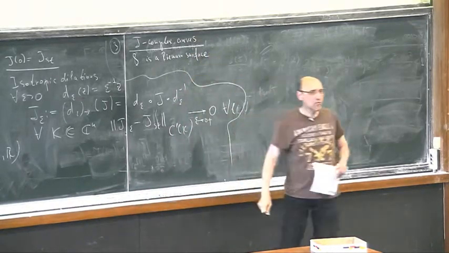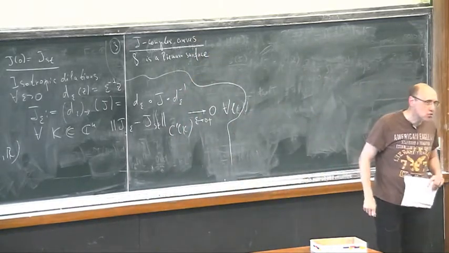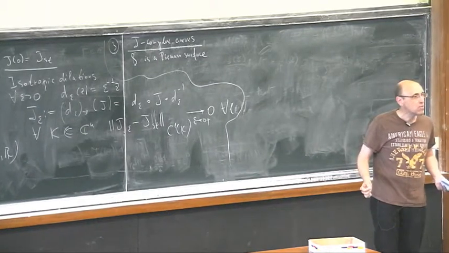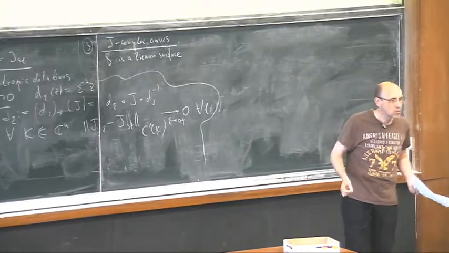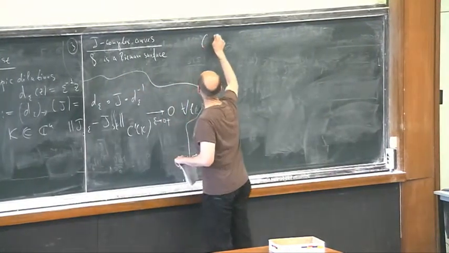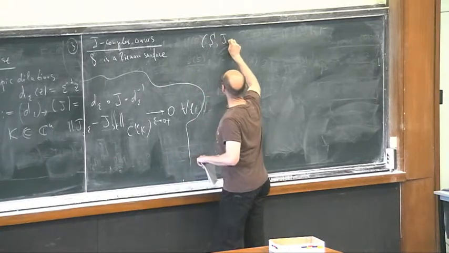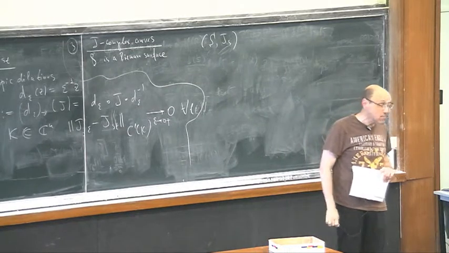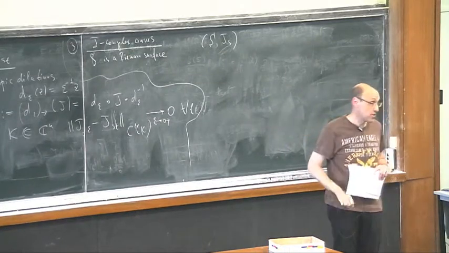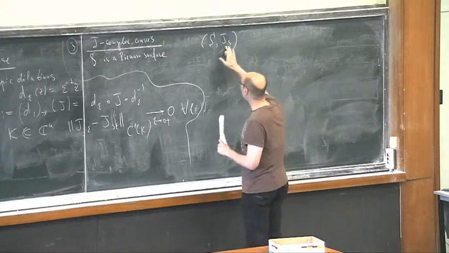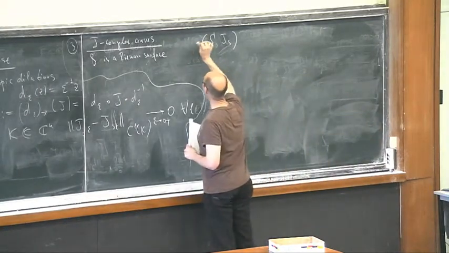A Riemann surface is just a one-dimensional complex manifold, right? So in particular, this is an almost complex manifold because every complex manifold is almost complex. So I can write J_S, this is an almost complex structure which is canonically defined on the Riemann surface by the construction which I explained.